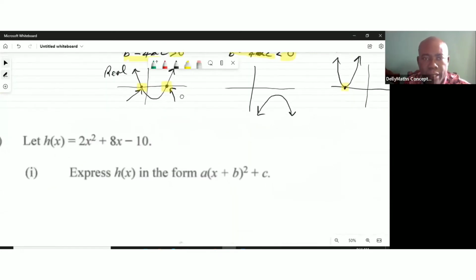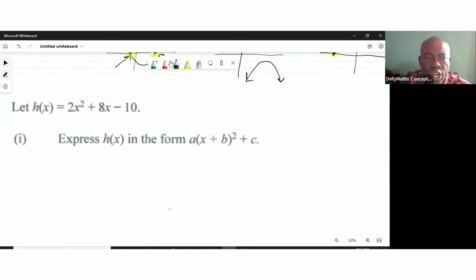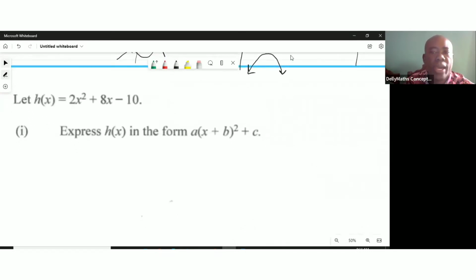Let's look at the C part to this. It says, let h of x equal 2x squared plus 8x minus 10. Express h of x in the form a, open bracket, x plus b, all square, plus c. This is completing the square. What I'm going to do quickly is drop the formula.